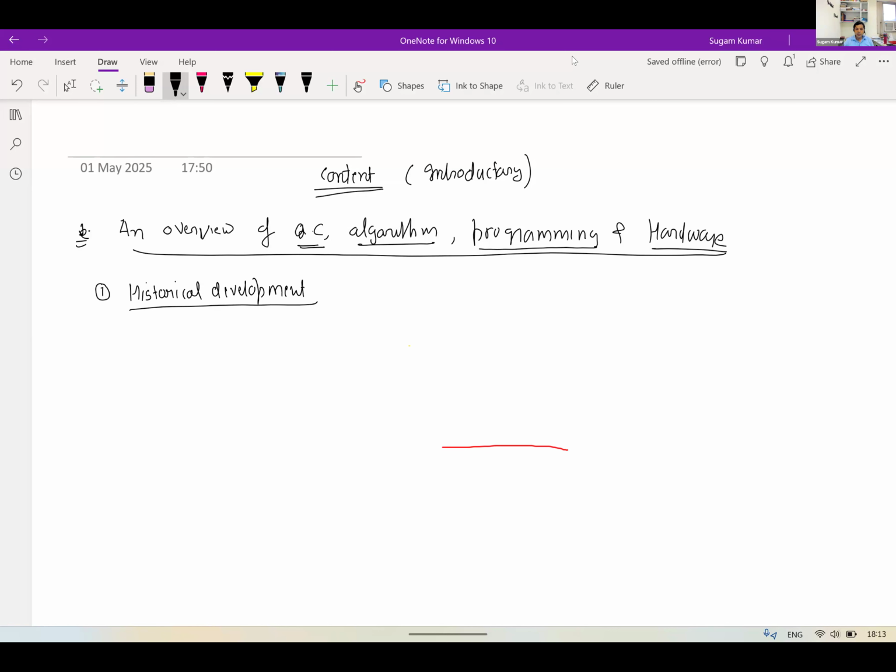In the historical development, our task will be to have a glimpse of how calculations evolved, or how the quantum computing system evolved. So maybe we can start with our first computer that was very big, and that is also known as ENIAC.